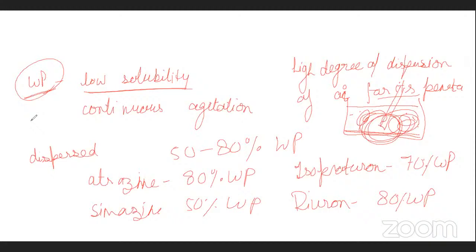Okay, and examples I have already given you. But from the AFO point of view, they will only ask simple questions like: is the vegetable powder of low solubility or high solubility, or does it require continuous agitation or not.